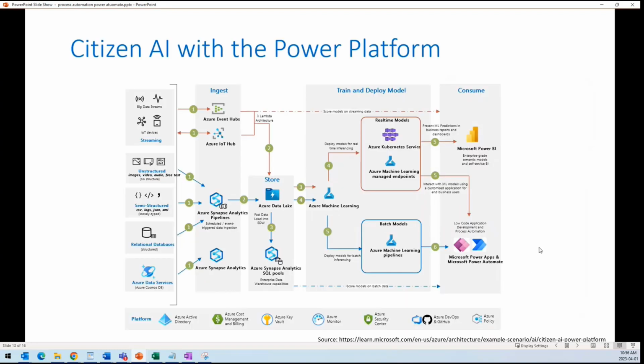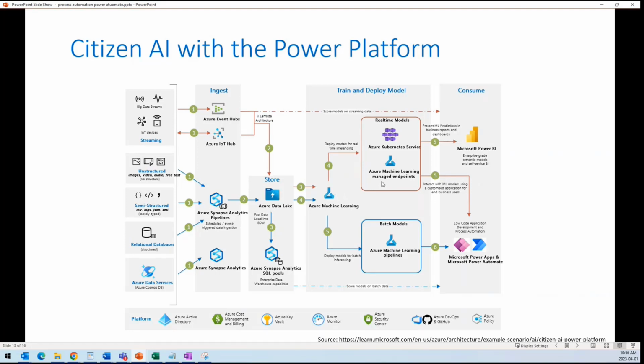Now the question is, if you want to use your own model with the Azure ecosystem, how to do that? They call it Citizen AI with Power Automate. Citizen AI enables everyone to design or use AI models. So you bring the data through data ingestion services like Event Hub, IoT Hub, Synapse Analytics Pipeline, store it in the data lake, and then use Azure Machine Learning to train the model.